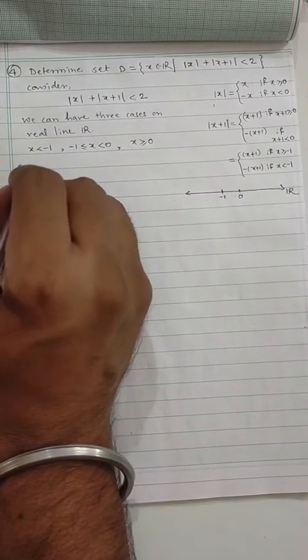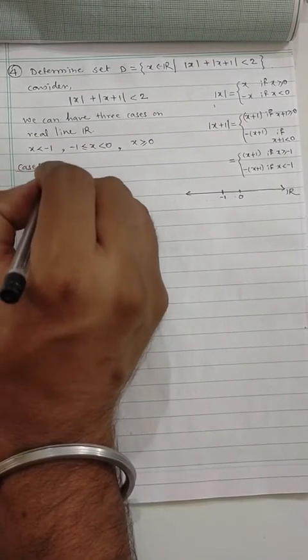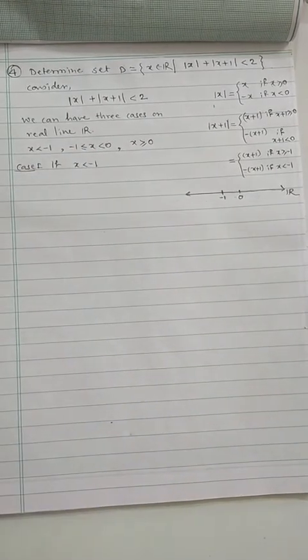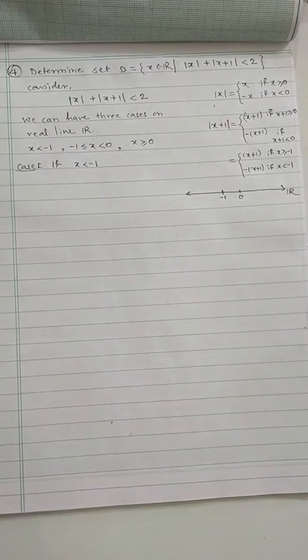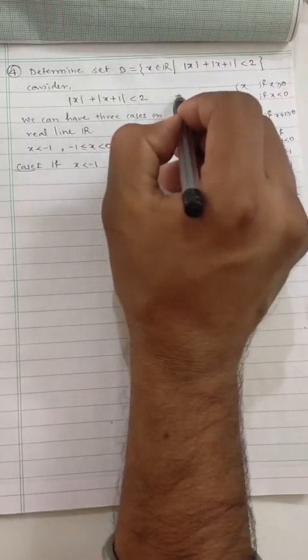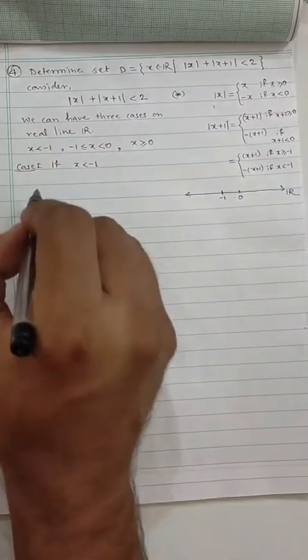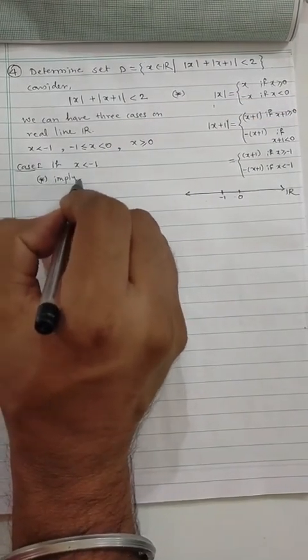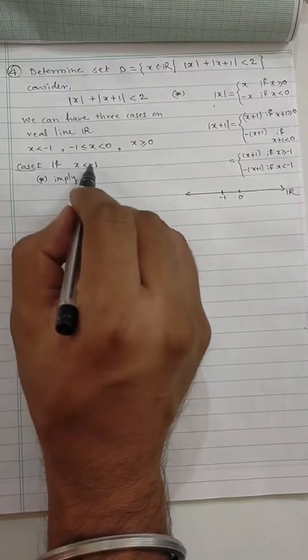So the first case, if x is less than minus 1, what happens to the expression star? If x is less than minus 1, that means x itself is negative.